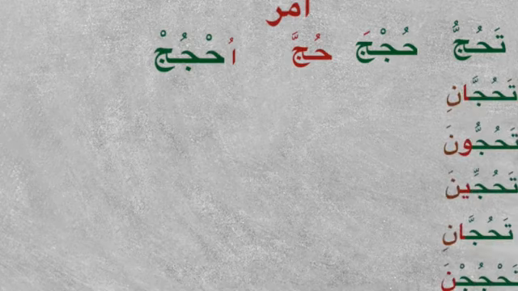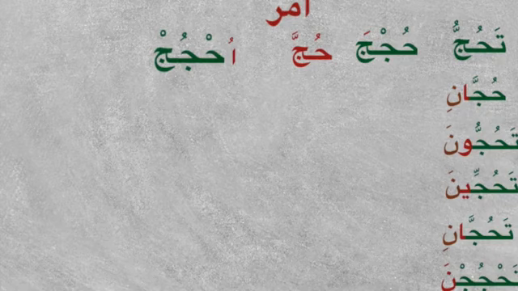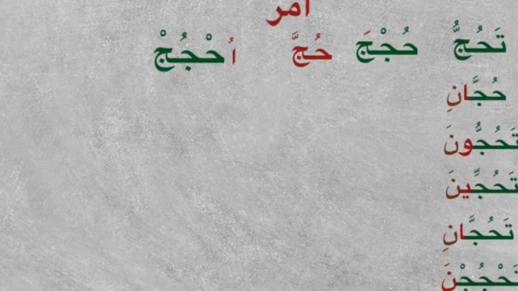fa'al. So if it is hujja, let's bring our six forms. Tahujjani, we don't need the alamat mudari', we're going to take that away. The rest are quite straightforward because all you have to do is take the sign of marfu, which is a noon, except antunna. There we have to do some surgery again.